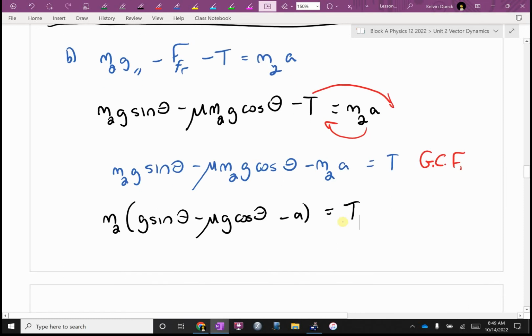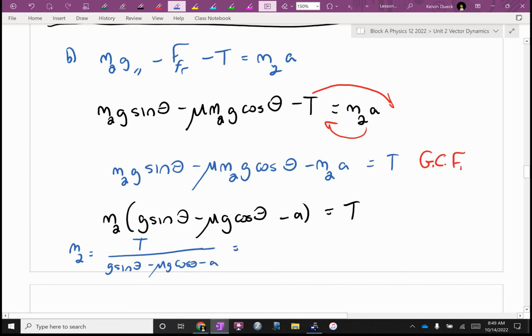How would I get the M2 by itself? What's the bracket doing to the M2? So, yep. Final answer. M2 is going to be tension over G sine theta minus mu G cos theta minus A.